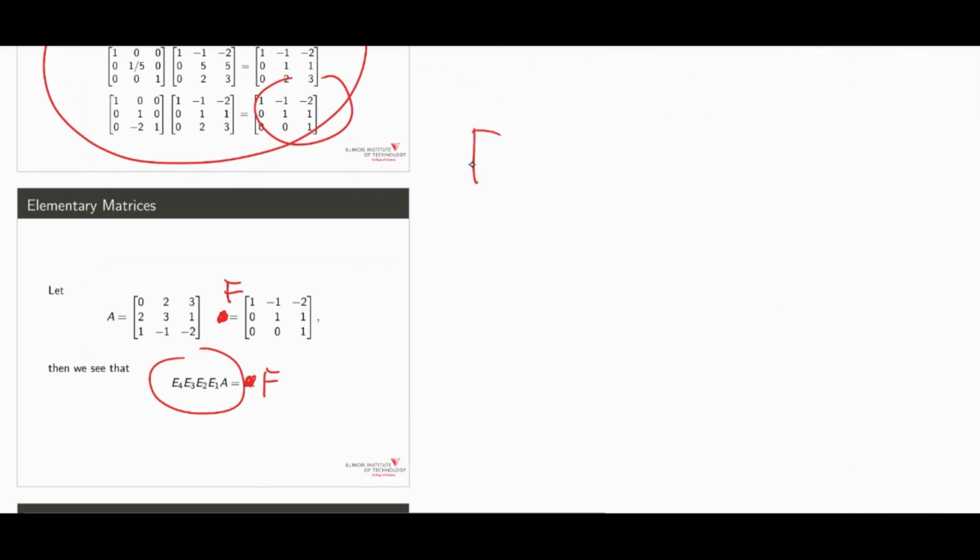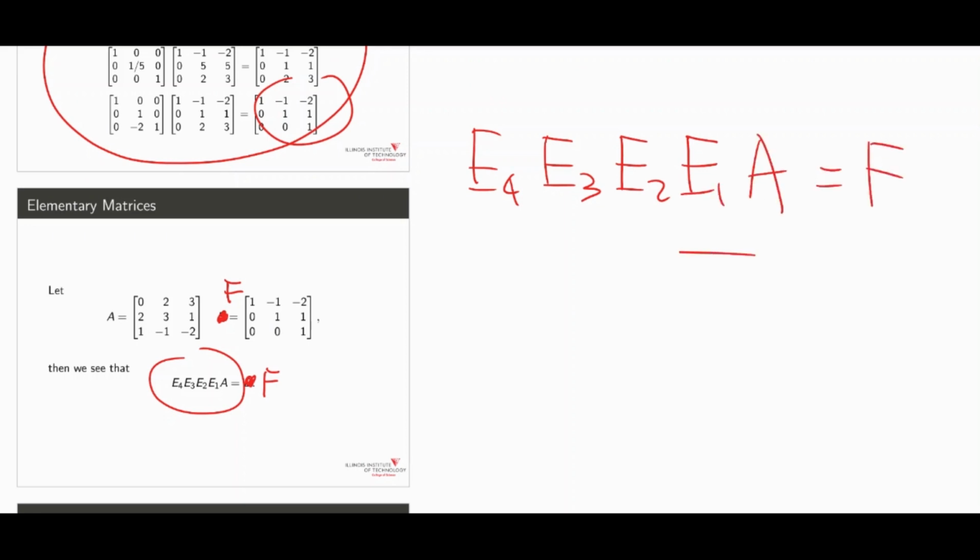When you see E4, E3, E2, E1, A to get to F, this is basically saying that you're doing row operations.